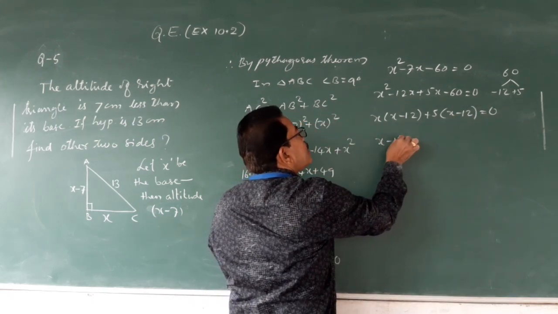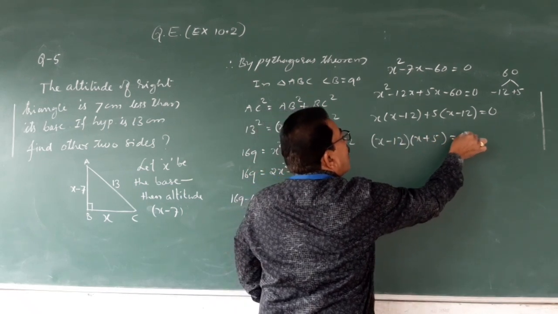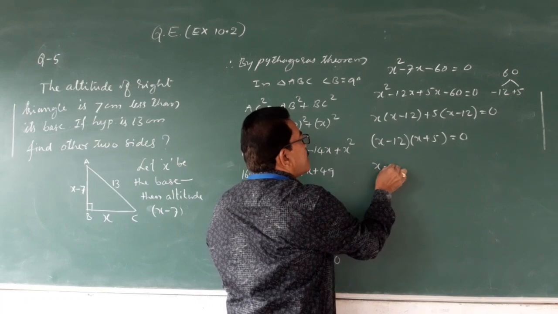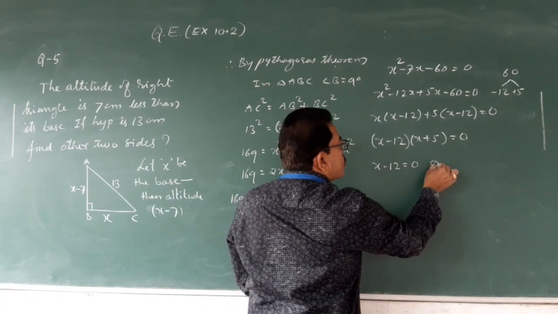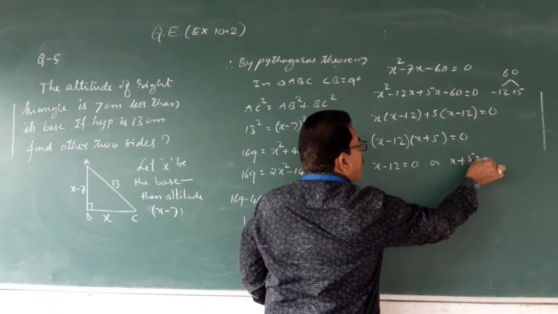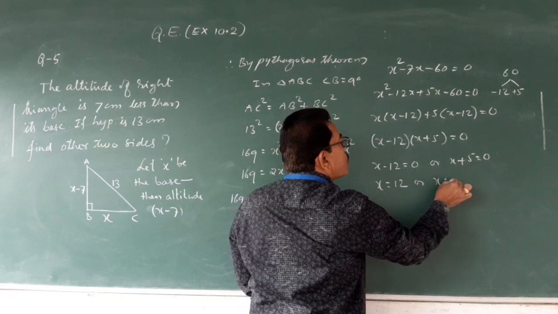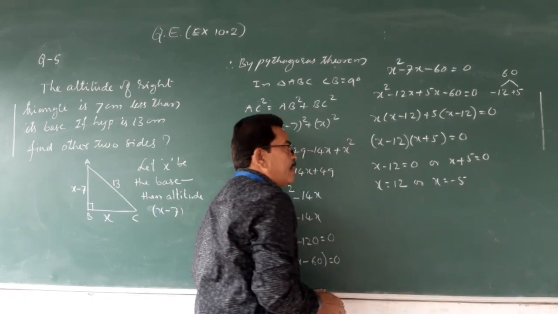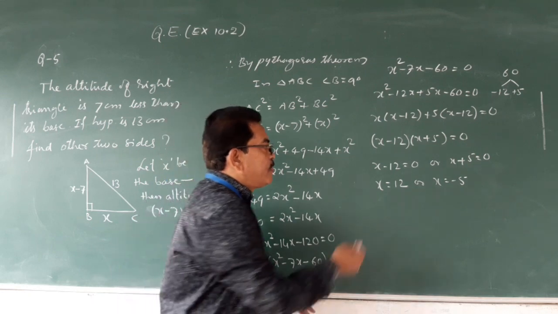Now x minus 12 and x plus 5 are the common factors. x minus 12 equals 0 or x plus 5 equals 0. x is equal to 12 or x is equal to minus 5. Minus 5 is not considered because that is negative.